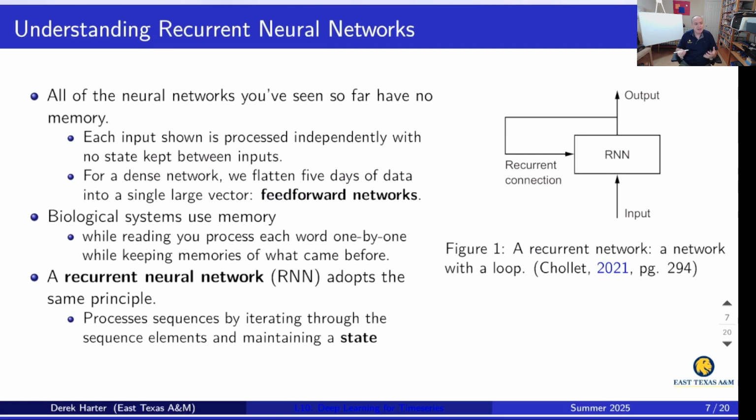Biological systems, for example humans, use memory when doing things, right? Think about when you're reading: you process words sequentially, usually keeping a memory of what came before. It's not uncommon to process words sequentially but also skip around.